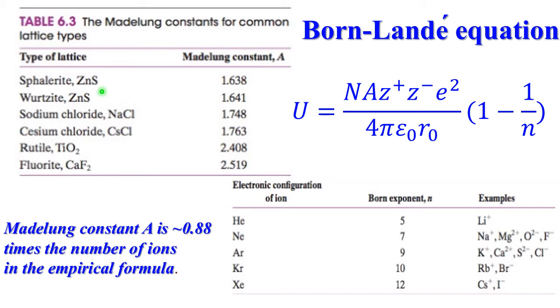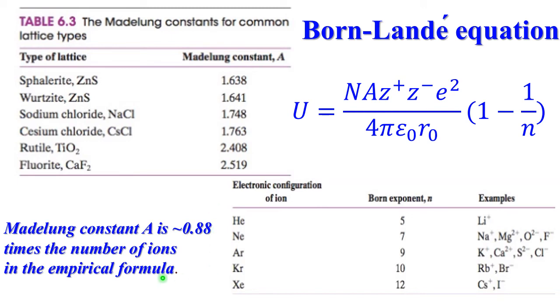So here you have 2 ions, one zinc and one sulfur, multiplied by 0.88, you'll have 1.76. Let's see. Here you'll have 3 ions, so 0.88 again.